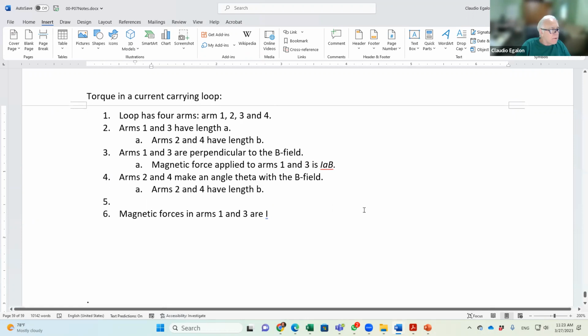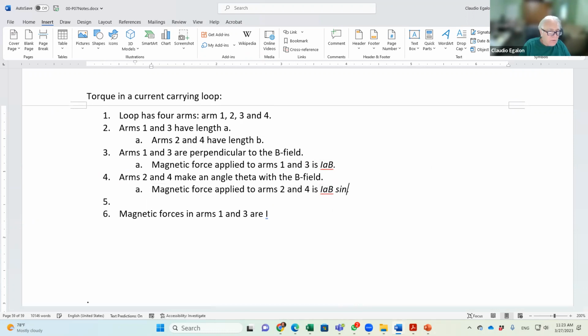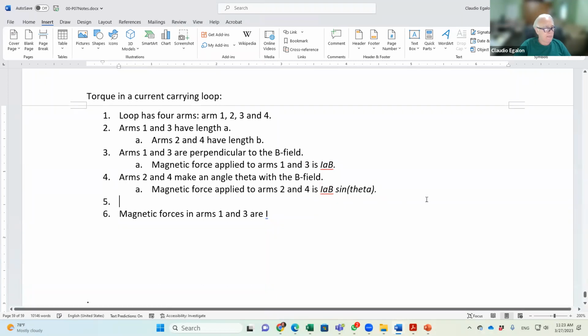Arms 2 and 4. Magnetic force in arms 2 and 4 is IAB sine of theta. Oh, here you go, it has to be B here, right?